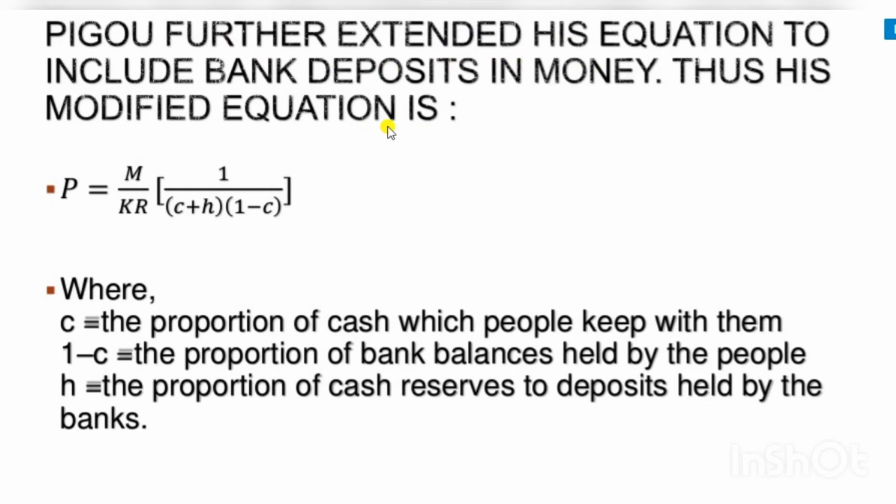Thus, his modified equation is P = M / KR, which is also equal to this equation, where he denotes C as the proportion of cash which people keep with them, and 1 minus C is the proportion of bank balances held by the people. Here, H represents the proportion of cash reserves to the deposits held by the banks.